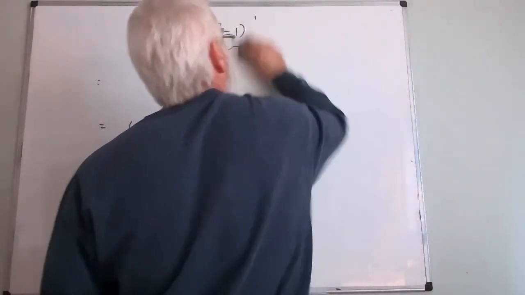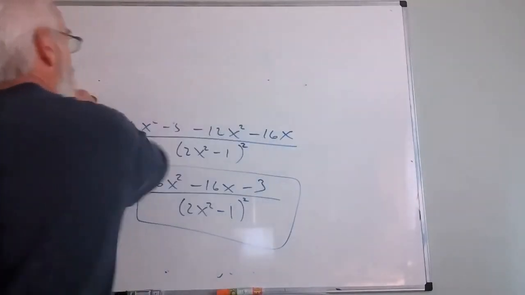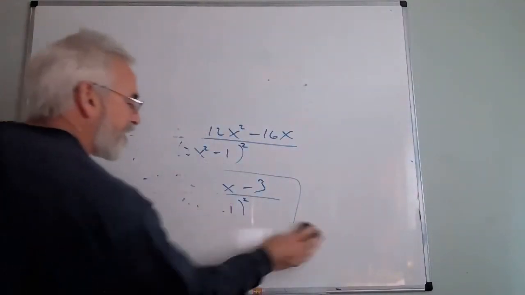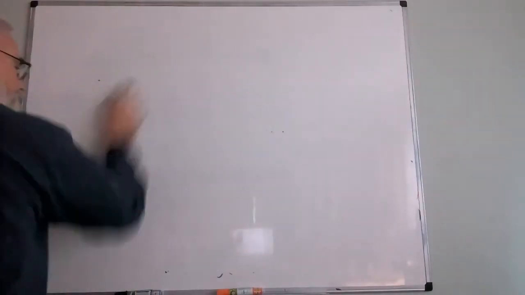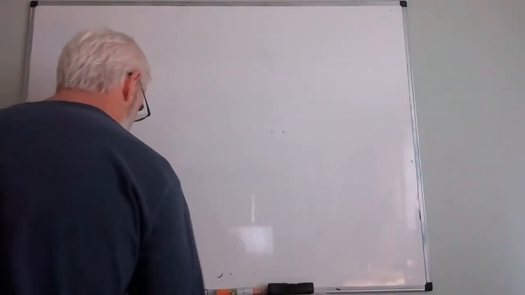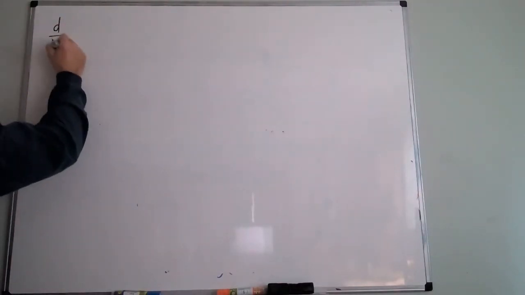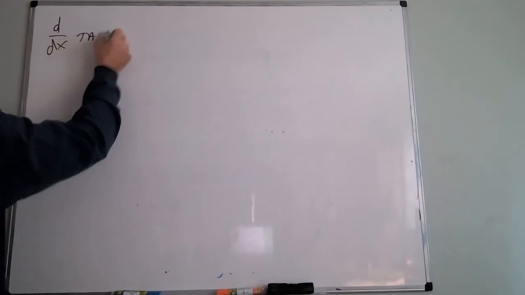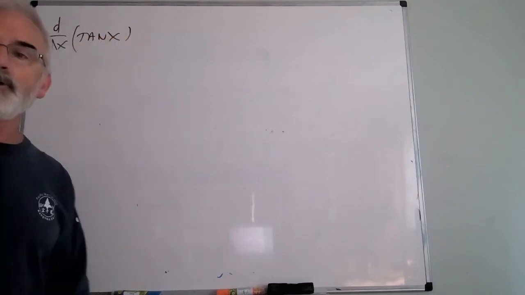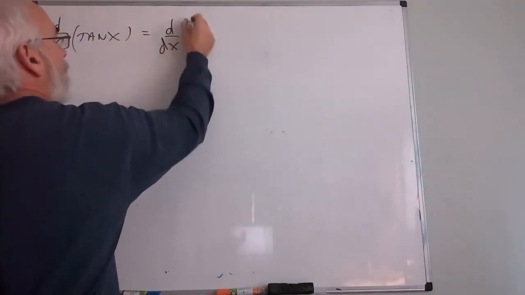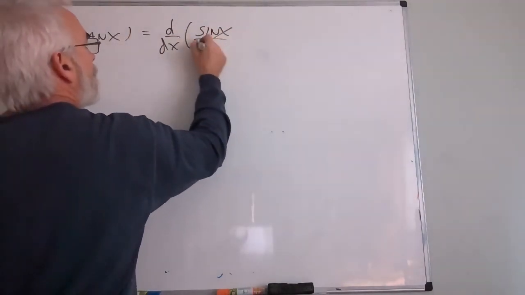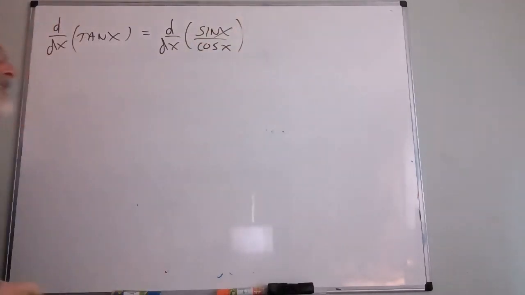Because I said we can derive all of the rest of the trig formulas by simply using quotient rule. Now that we have a quotient rule, that makes our life much, much simpler. So let's do this. Again, I want to derive the derivative of the tangent function, but rather than do it as a limit, let's do this as the derivative of sine over cosine, because that's significantly easier to do it that way.